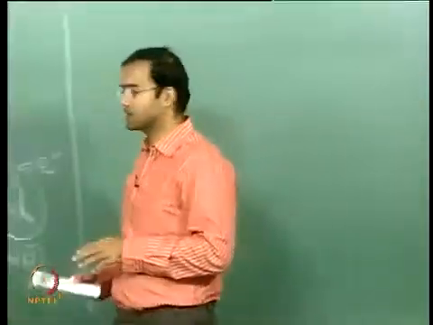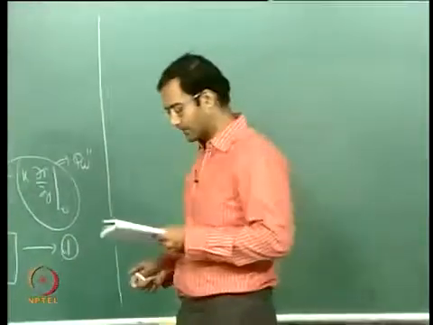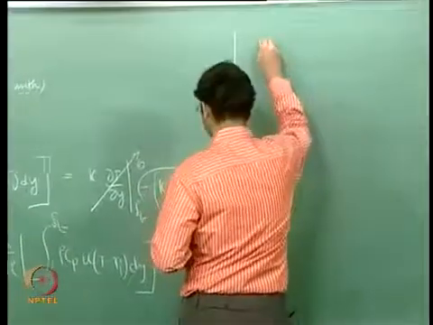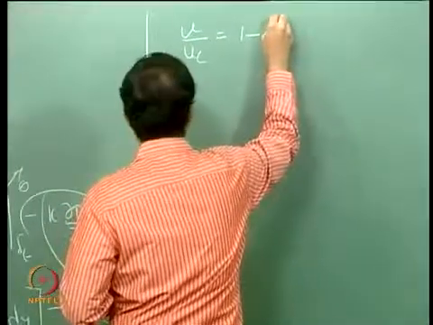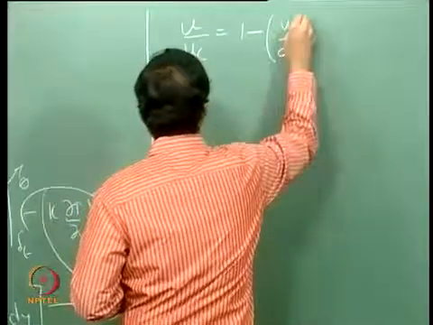Once it is close to becoming fully developed, those profiles are not valid, and we are looking at region 2 now. So we cannot guess anything for velocity, we have to take the exact parabolic profile, okay. That is basically u by uc equal to 1 minus (y by d) the whole square.